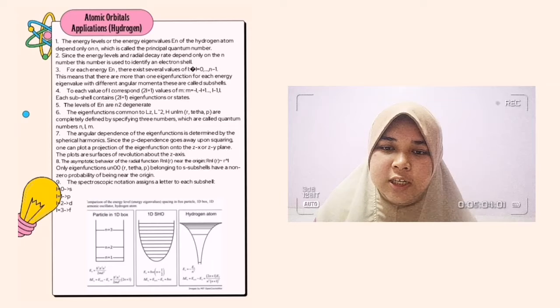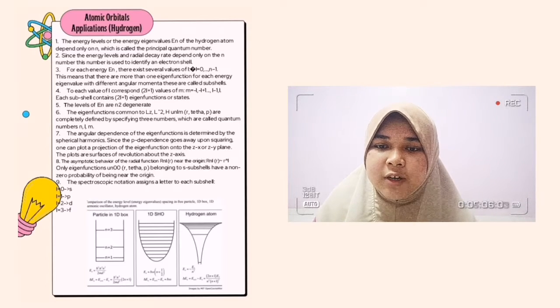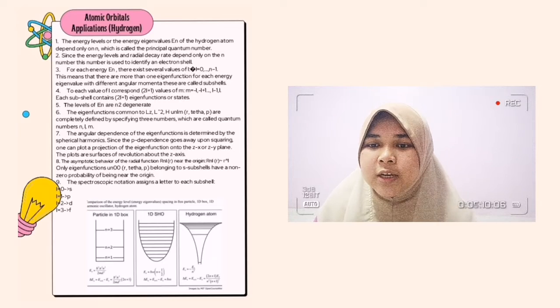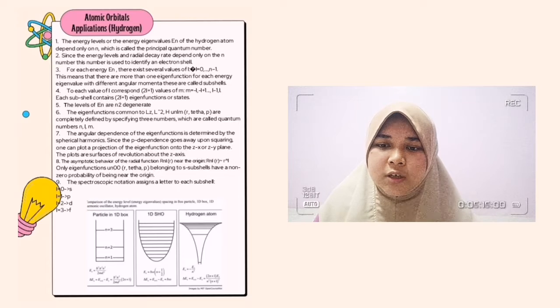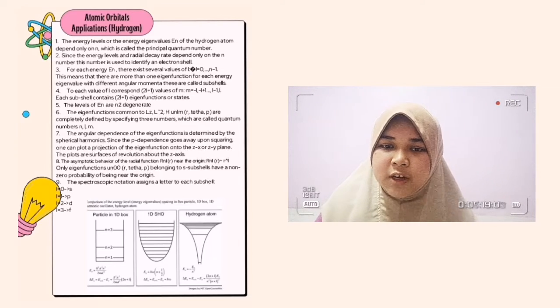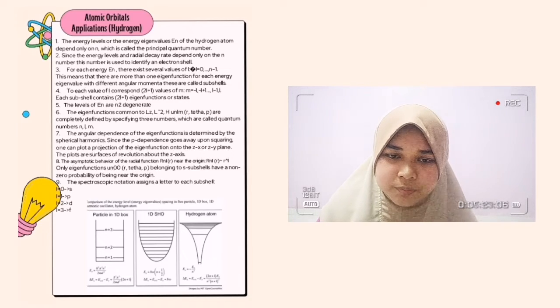For each energy En, there exist several values of L, which is L equal to 0 up to n minus 1. This means that there is more than one eigenfunction for each energy eigenvalue, with different angular momenta. These are called subshells.